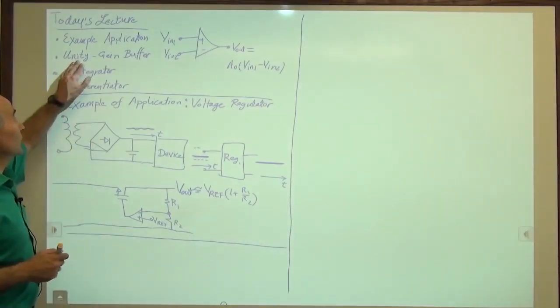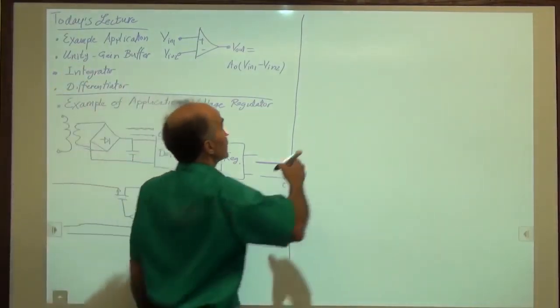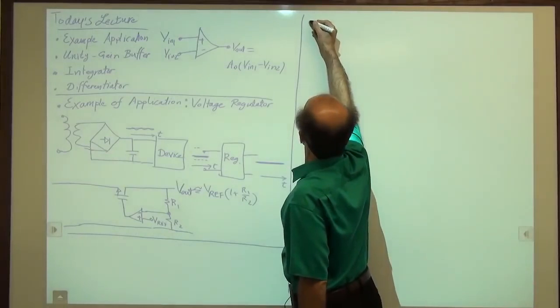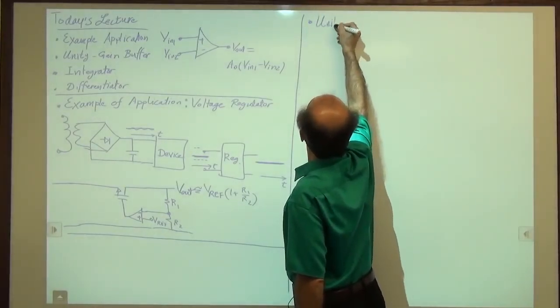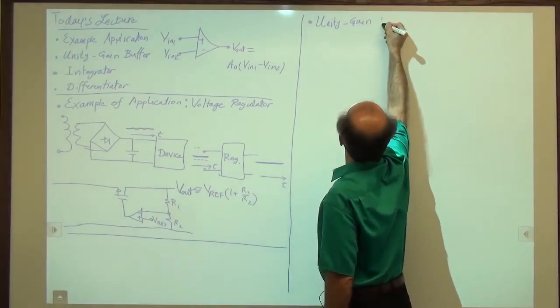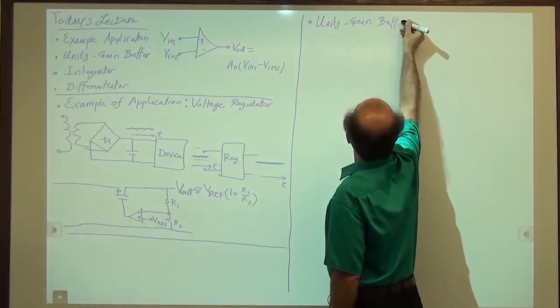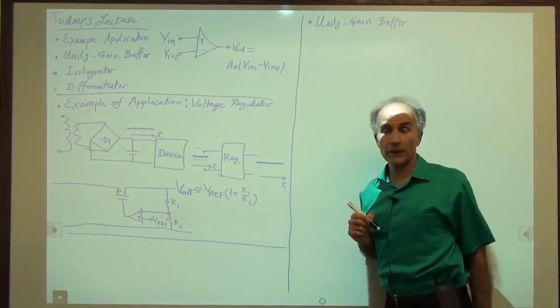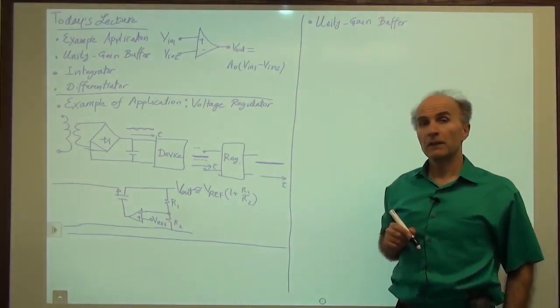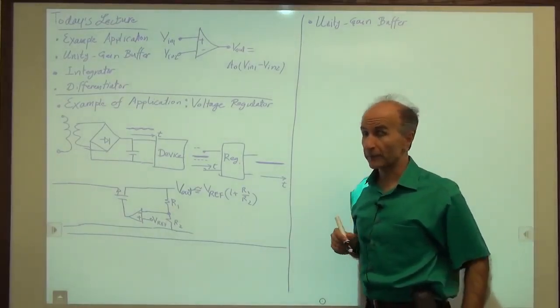We'll talk about a circuit called a unity gain buffer. So let me go over here and talk about the unity gain buffer. Now, to build the circuit, I'm going to start with the first circuit we studied, namely the non-inverting amplifier.